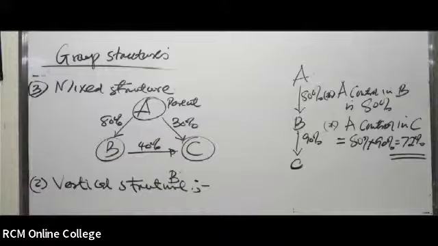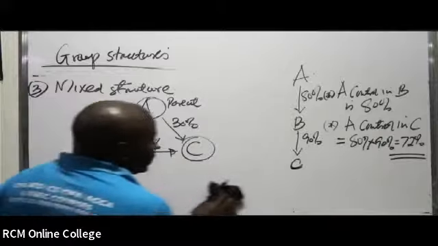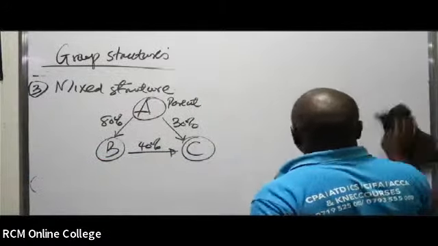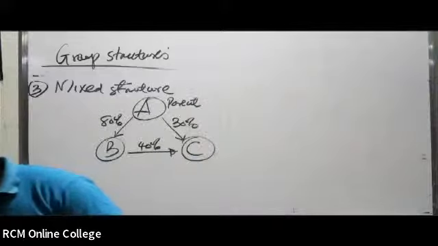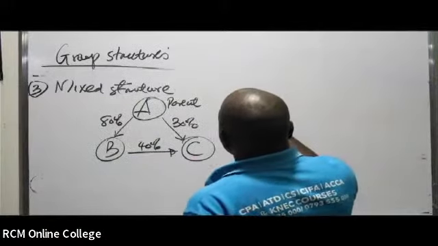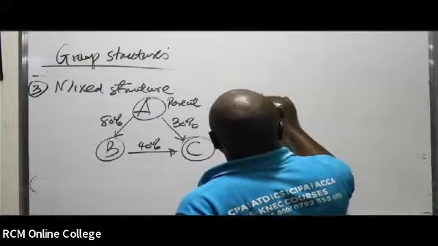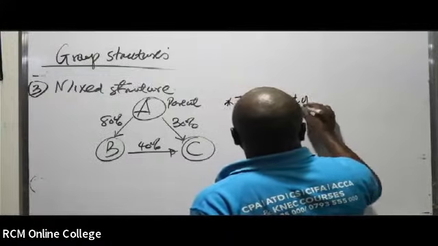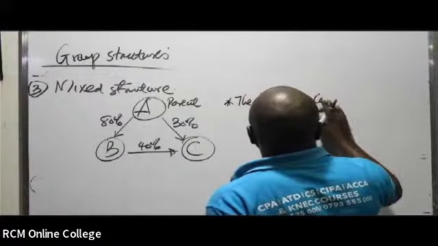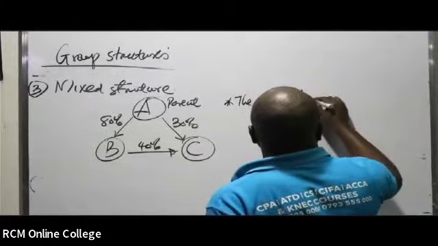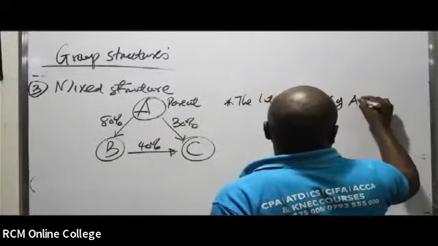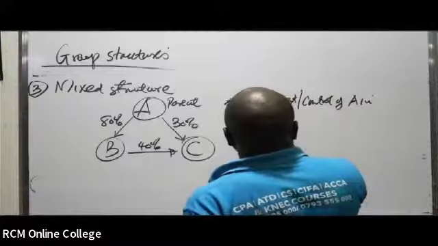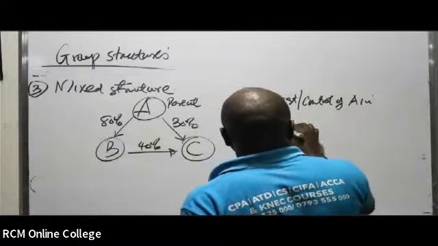So in this case, for us to be able to get, in this case, get what? The interest of A in C. So we can be able to get the interest or control of A in C. So in this case, the interest or control of A in C is equals to, in this case, we'll have the direct interest.